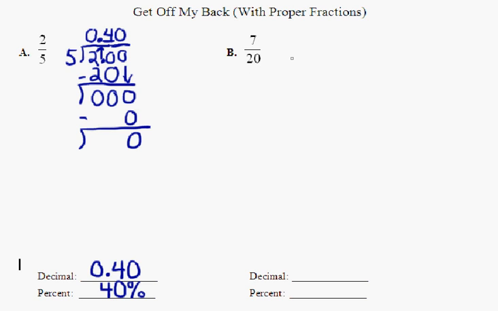So the 20 calls up to the 7 and says, get off my back. So the 7 runs into the house. And the 20 comes running after. 20 cannot go into 7. So now we need to add our decimal point and our 2 zeros. And then start our song again. It's 7 divided by 20.